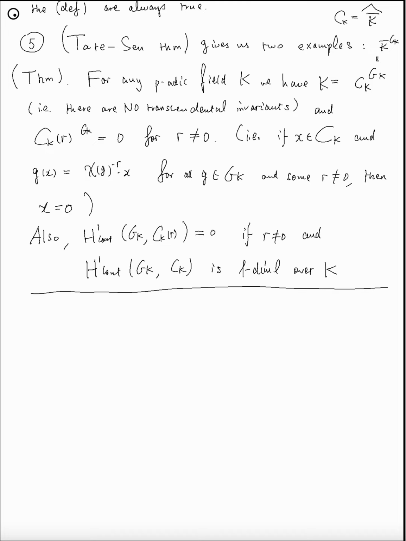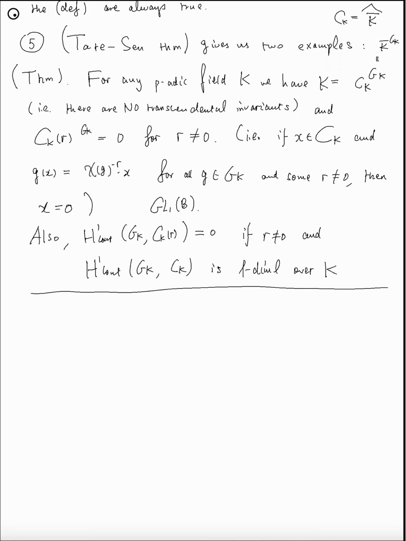Of course, you could think of this as GL1 of B, right? Take this B to be the CK, or C_K. This tells you that this is a one-dimensional continuous semi-linear action from J_K to a C_K representation.